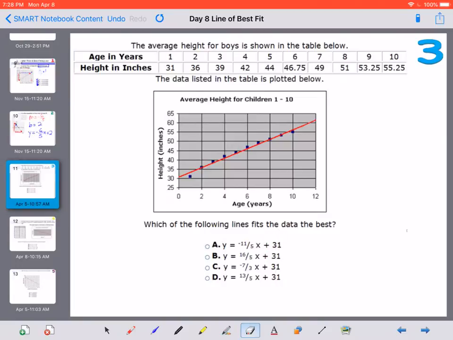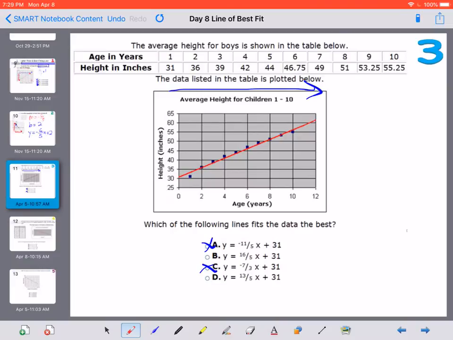But the first thing I notice here is that the slopes of A and C are going negative. We know that this line, if we look from left to right, is going positive. So I know I can cross out A and C right away. Now all we need to do is figure out the slope.